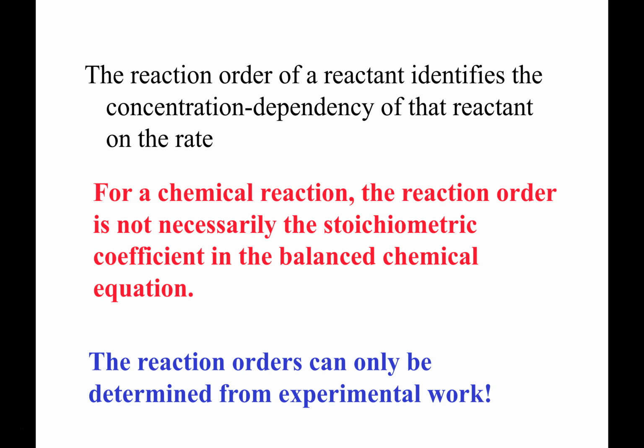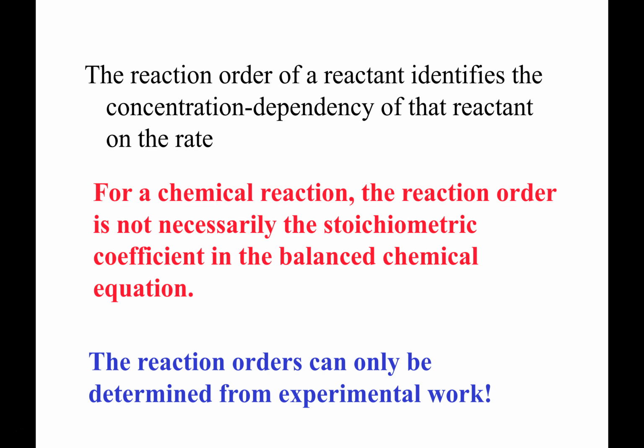The reaction orders, M and N, we can only get through experimentation. Only. Clear at the end of Unit 1, we're going to talk about what we call elementary steps, kind of behind the scenes, what's going on with regard to a reaction.